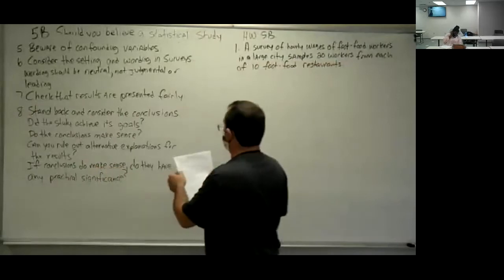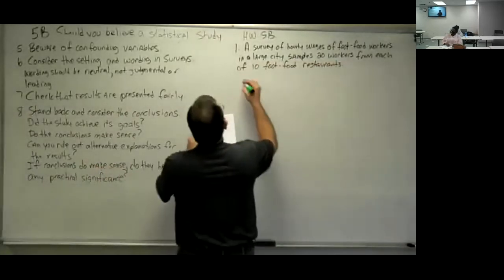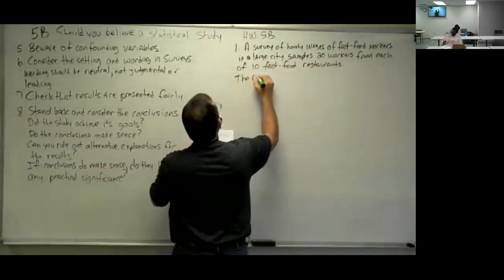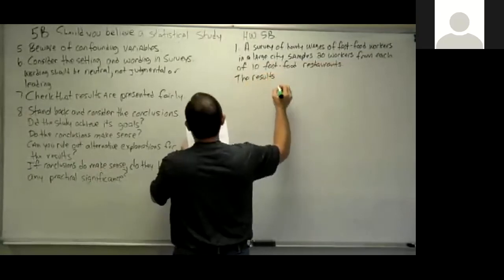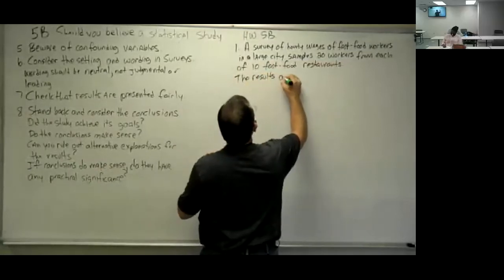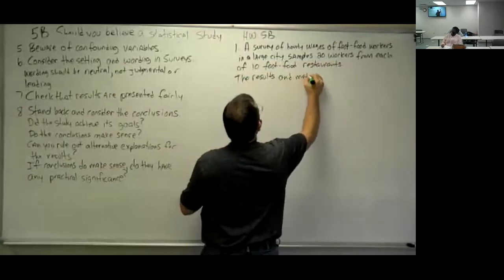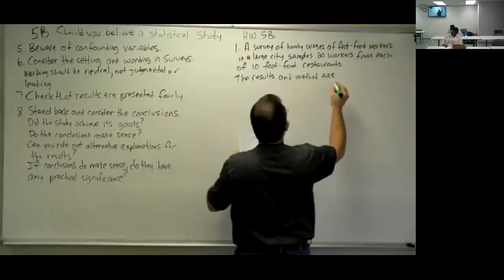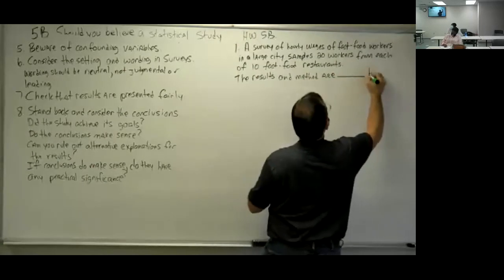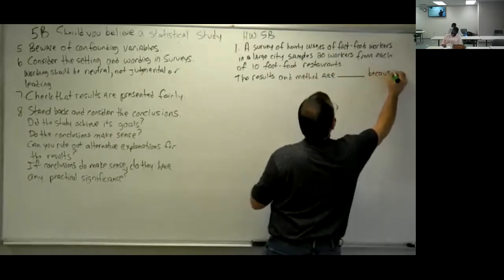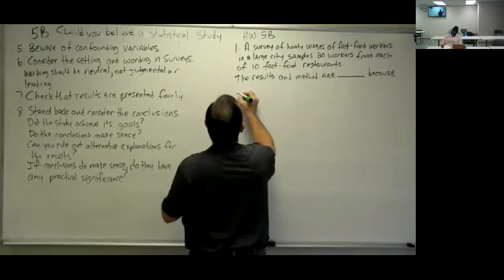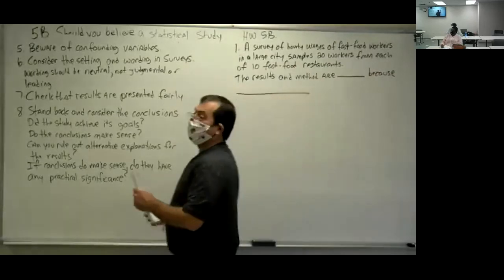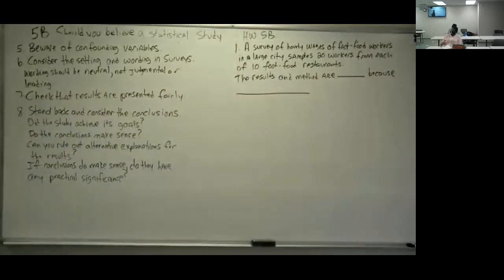So the first question we want to know: the results and method are blank because blank. And I'll read what we want to fill into the blank. So the results and method are either valid or not valid.